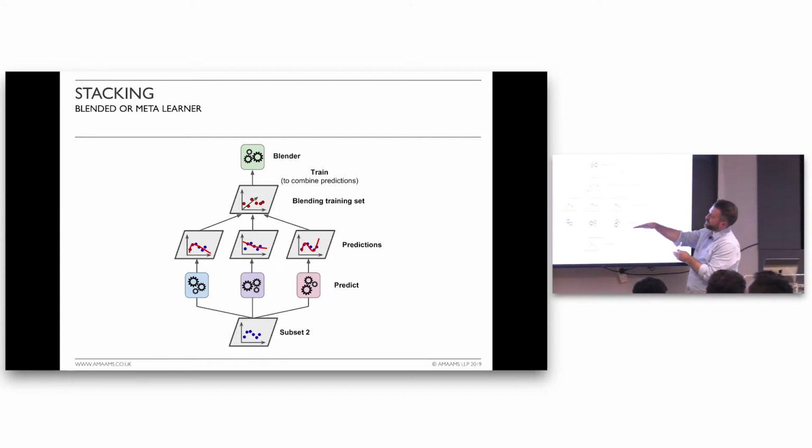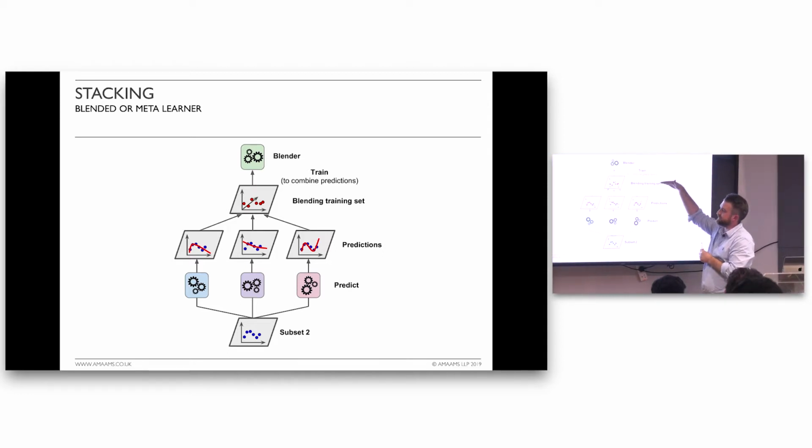Now that can be seen as a sort of meta-learning, in terms of blending the outputs, because really this is another prediction algorithm. We've got a whole load of individual prediction algorithms with outputs, and then we have an algorithm that says, let's learn where these predictors are predicting correctly.